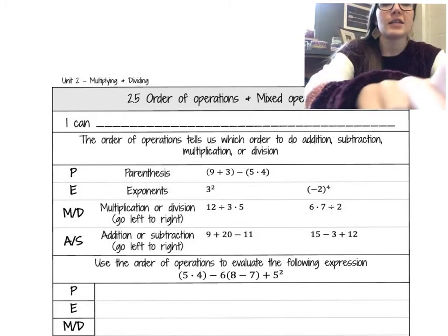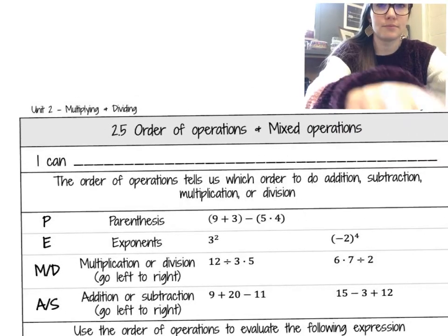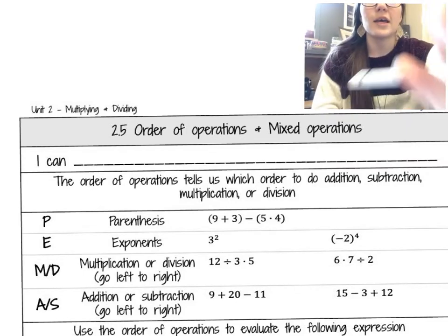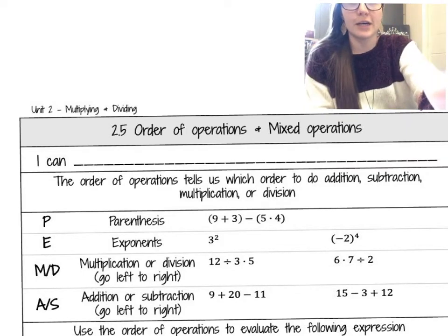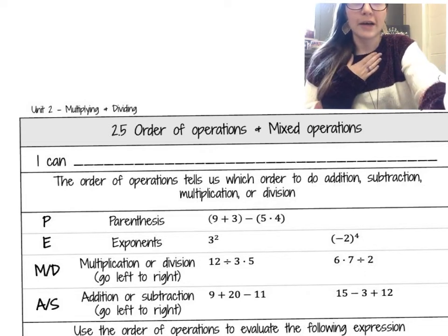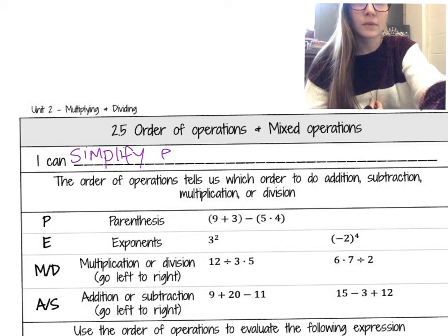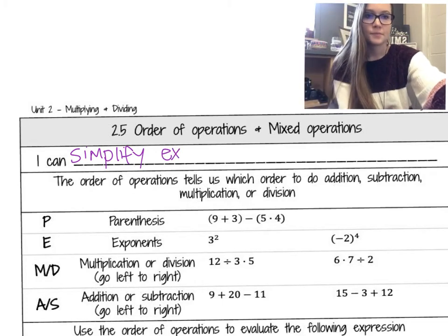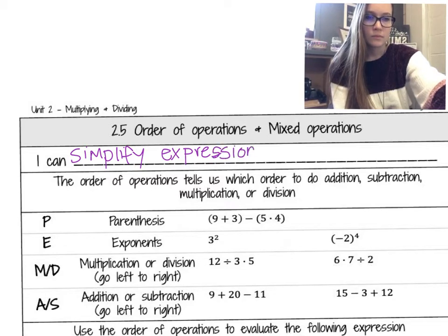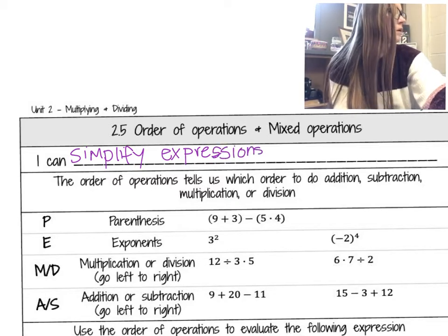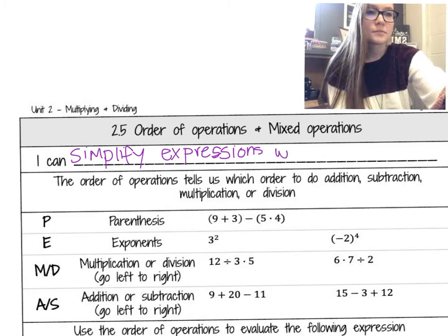So, let's start with our I can statement. I can, and we're going to say simplify. That's not purple. I have to write in my signature color. Simplify expressions with order of operations.